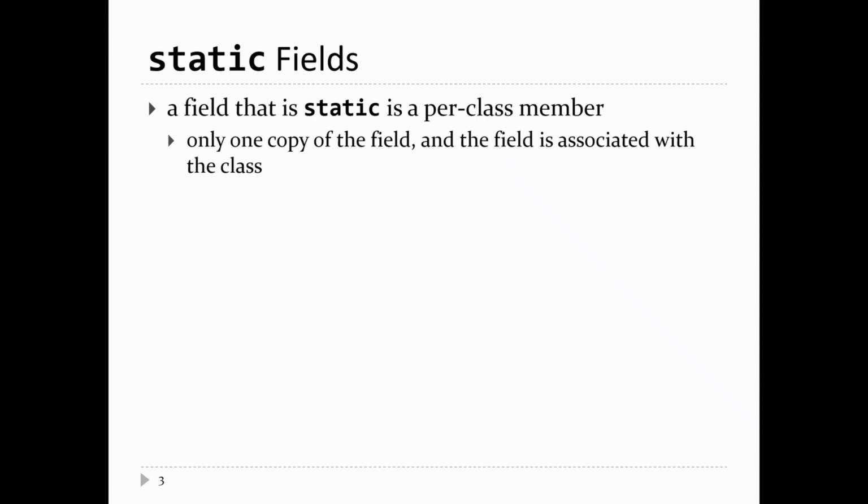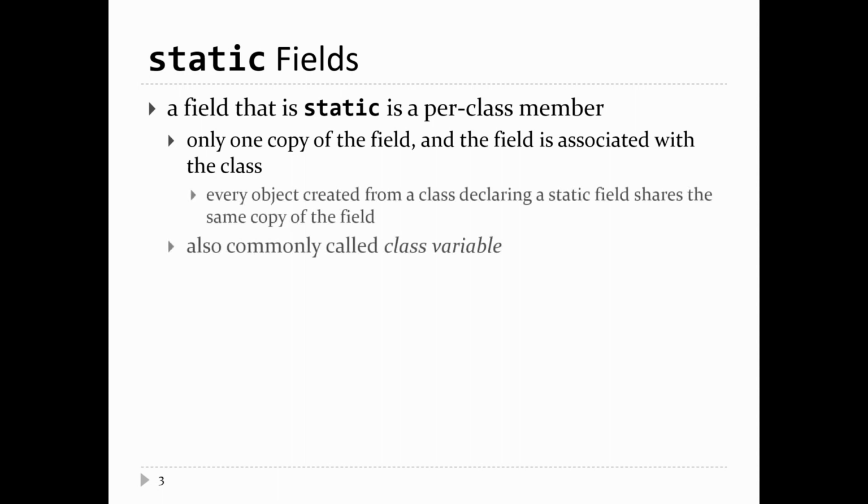Remember, for non-static fields, every object gets a copy of those fields. For a static field, only the class has a copy of the field. What that means is that every object that you create using a class that has a static field ends up sharing that same copy of the field. Every object shares that field.